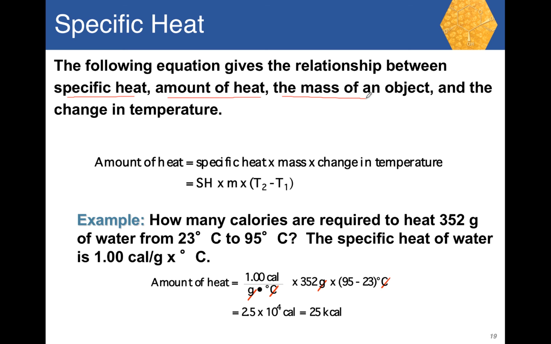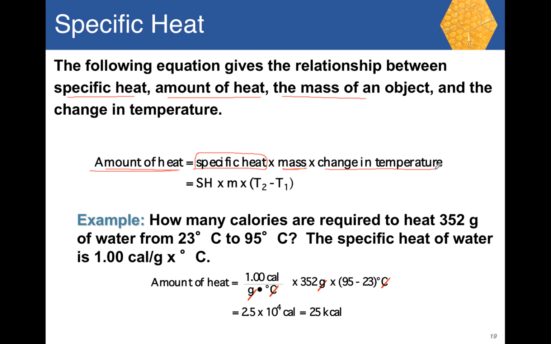And of course, the amount of heat that's involved can be calculated.